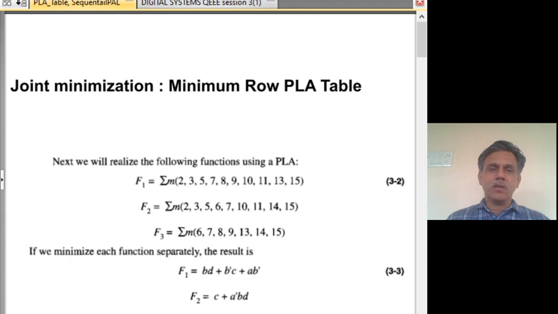The AND gates are used to generate the product terms. Later they are being ORed or summed using the OR gates. So, we will have an array of AND gates followed by OR gates.